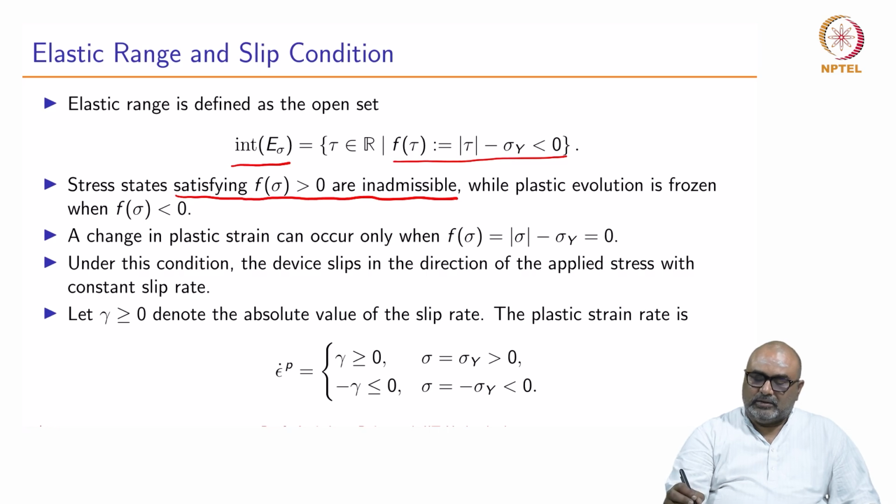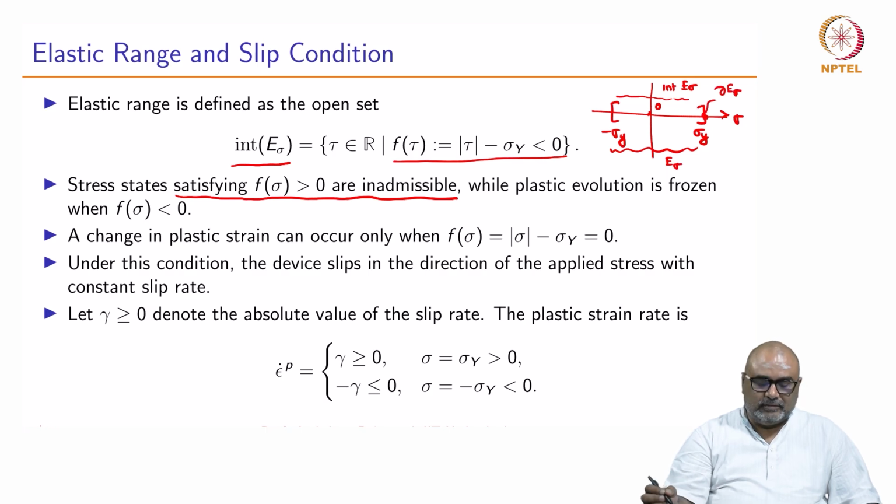If we look at the one dimensional situation, we are going to have minus sigma y to plus sigma y, and this is sigma, this is the origin. So, this is going to be your interior of E of sigma, the admissible stress range, and this is the elastic range which is denoted as E sigma. This is the boundary of the elastic stress range.